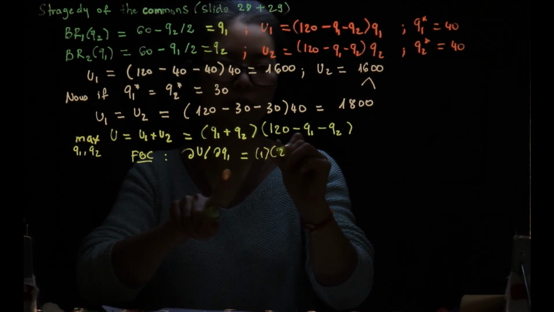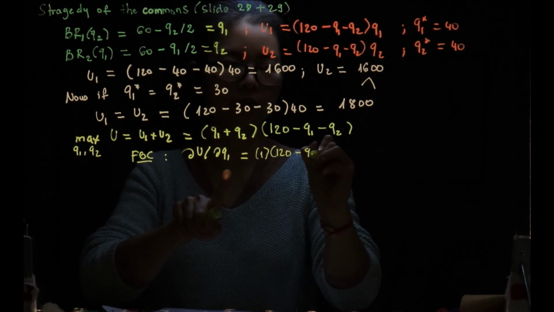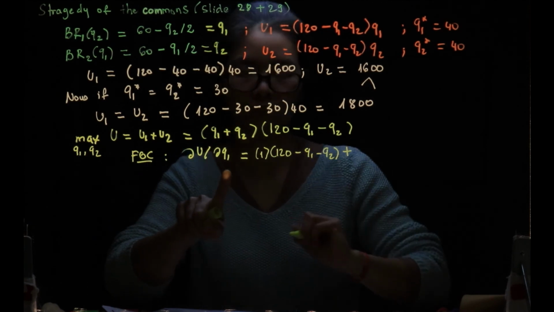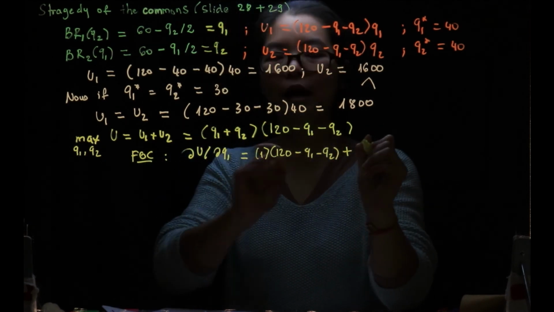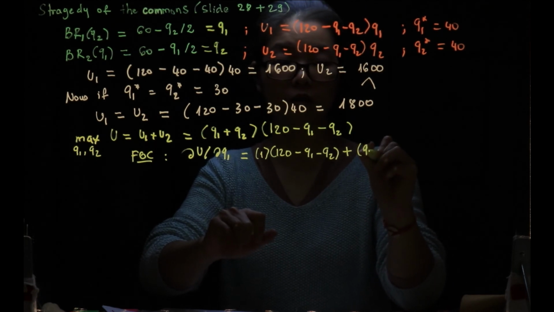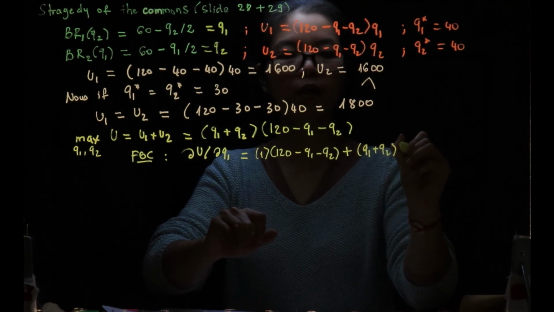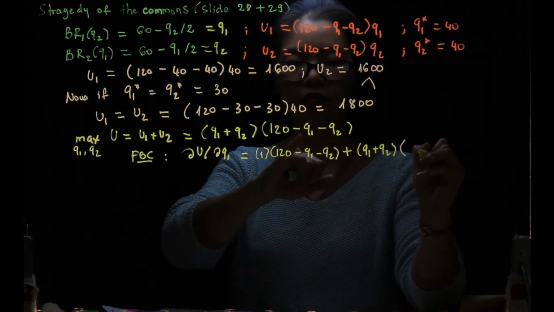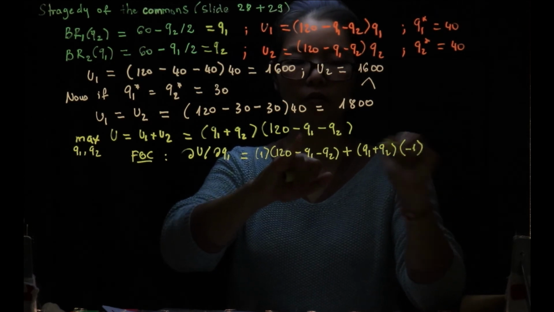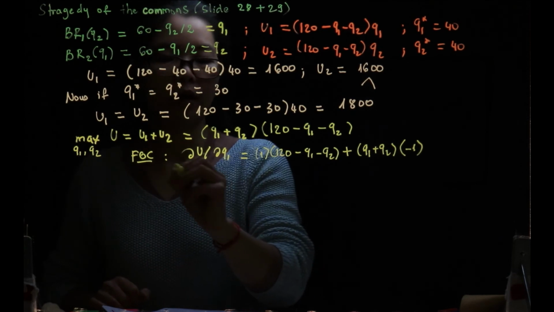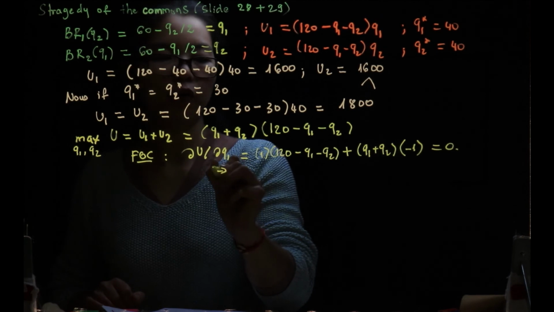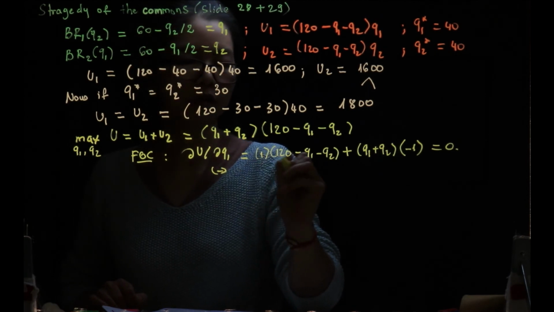Times the second term. Rewrite. Plus the derivative of the second term times the first term. So rewrite the first term, Q1 plus Q2. The derivative of the second term with respect to Q1 is minus 1, right? Simple. And equal to 0.